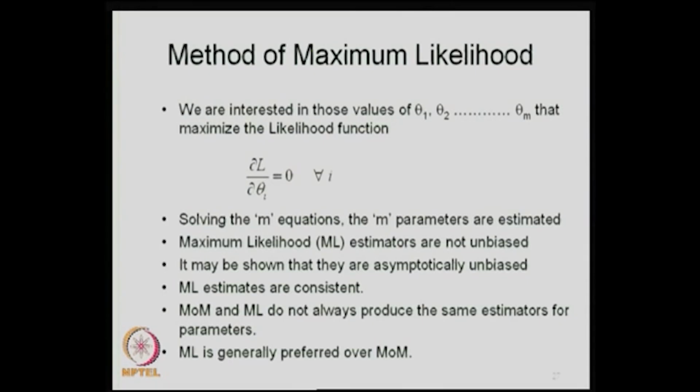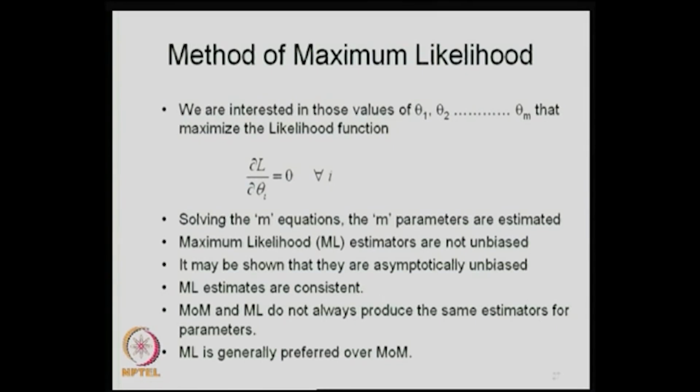However, as you estimate using maximum likelihood methods with a large number of samples, they may be asymptotically unbiased. It may be shown that the maximum likelihood estimates are asymptotically unbiased. However, the maximum likelihood estimates are consistent. So, we just introduced the consistency concept. The maximum likelihood estimates are consistent.